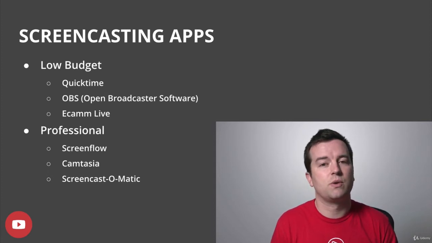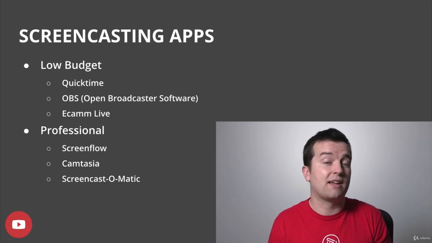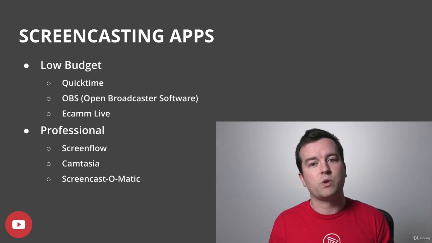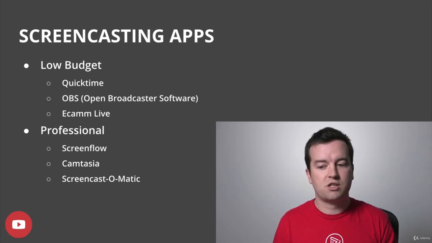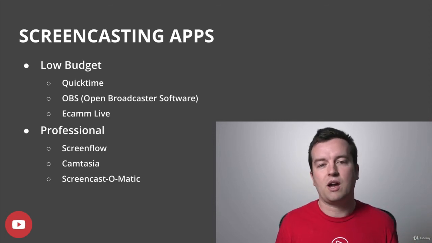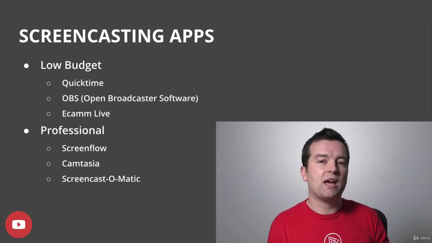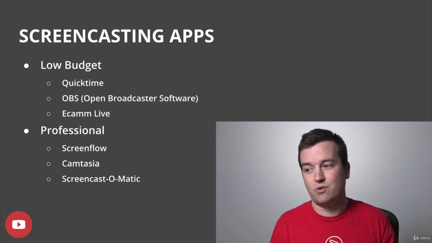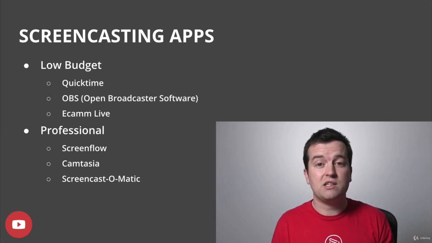With just screencasting though, if you're trying to record your screen, you can use something like, on a Mac, QuickTime Player, which has a built-in screen recording option, which is completely free, and you can record your screen. You can even record from your webcam, but that's all you can do. You can't really edit with it. Open Broadcaster Software, OBS, is a free app that you can install for both Mac or PC users.